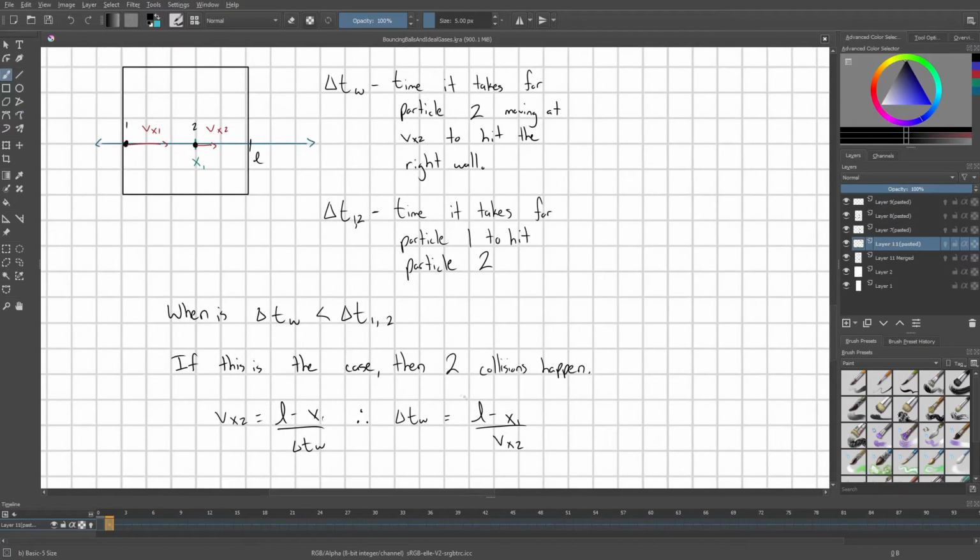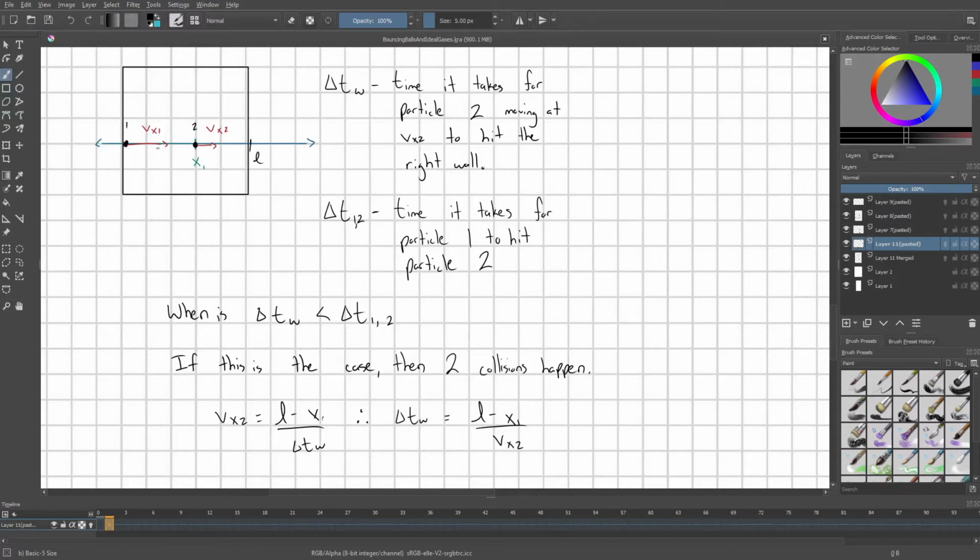Okay? The next question I have to ask is, what is the longest possible time for delta t12, right? The longest time that it could take for particle 1 to hit particle 2 is if particle 1 had to travel the entire length of the box, right before slamming into particle 2.